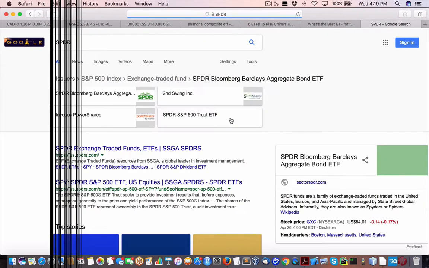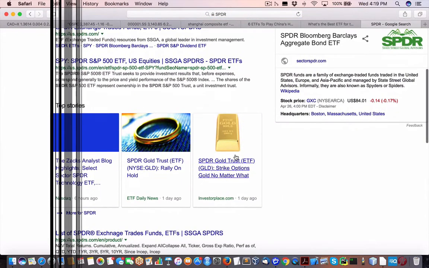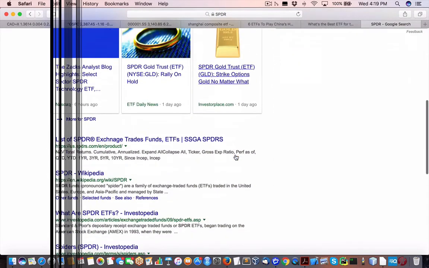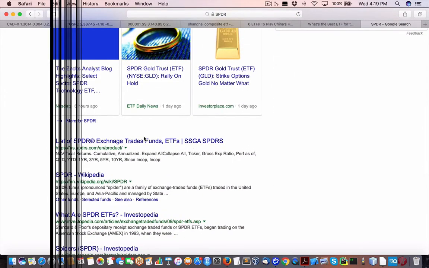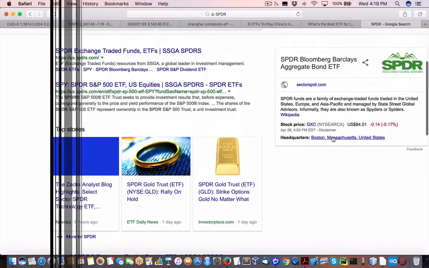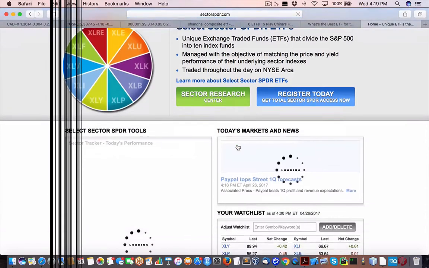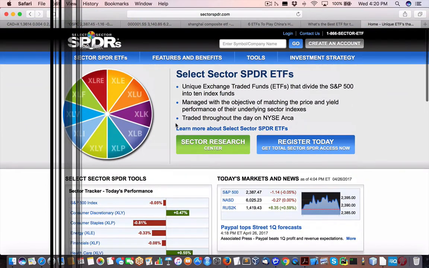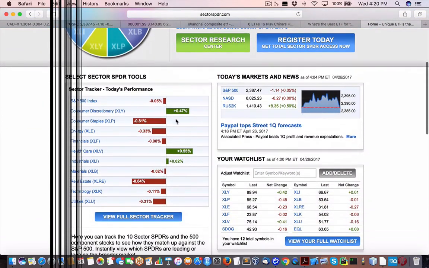Let's get the mix of what is part of the Spider here. List of Spider trade funds. So let's see what the mix is. So the mix is here.